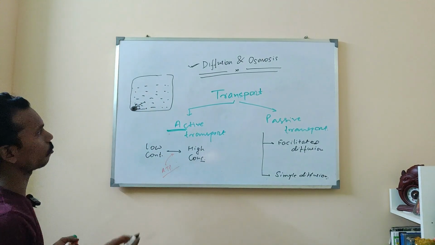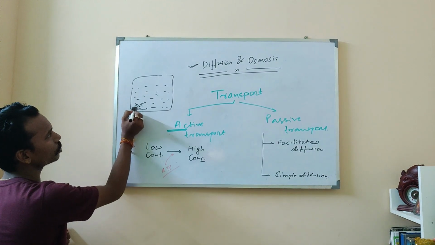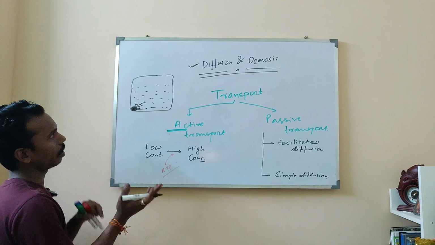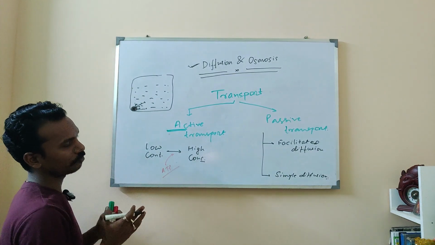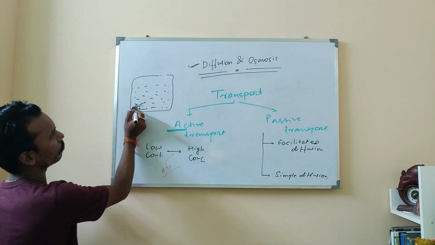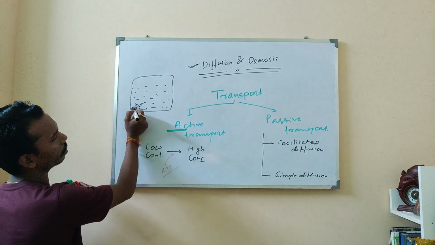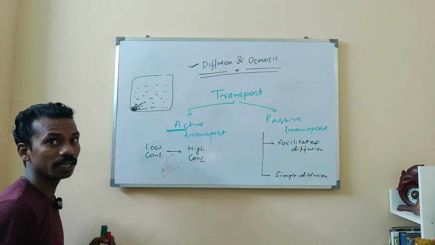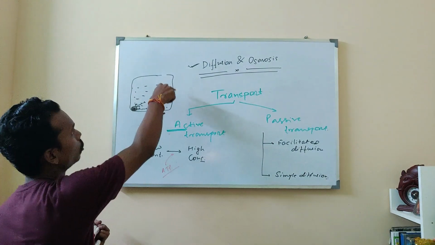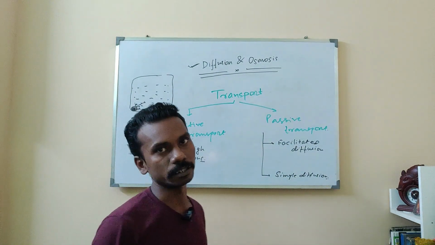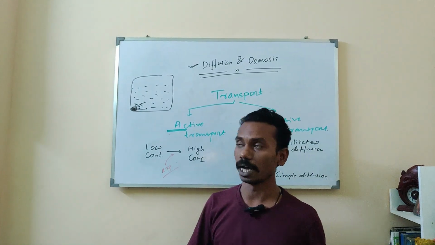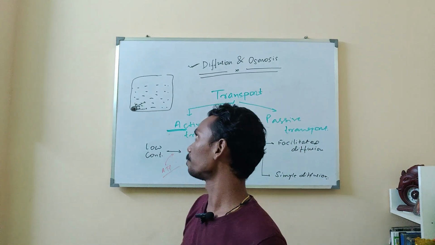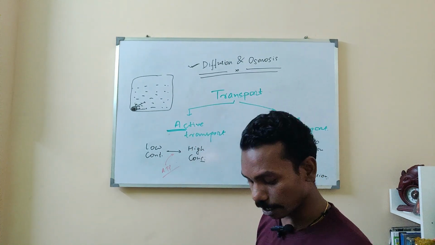So concentration of copper sulfate is high at this region and concentration of copper sulfate is low at this region. And now, as the process of diffusion says that the copper sulfate is a solute particle and solute particle is going to move from high concentration region to the lower concentration region till the whole solution, the whole water is going to become blue, as the blue color of copper sulfate has been added to the water. So this was basically diffusion.